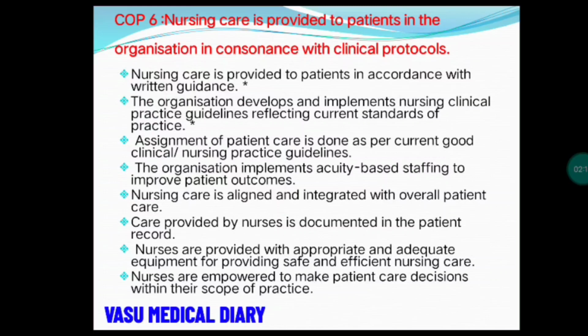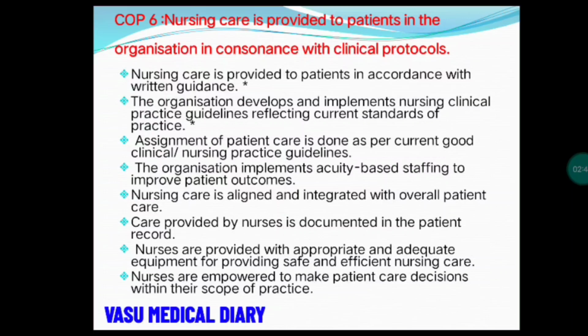Assignment of patient care is done as per the current good clinical nursing practice guidelines, and the organization implements acuity based staffing to improve the patient outcomes, which means the nurse patient ratio should be based on the acuity level, meaning severity level of the patient. If it is ICU, 1:1 for the ventilator, and non-ventilator 1:2, and other patients maybe 1:5 or 1:6.